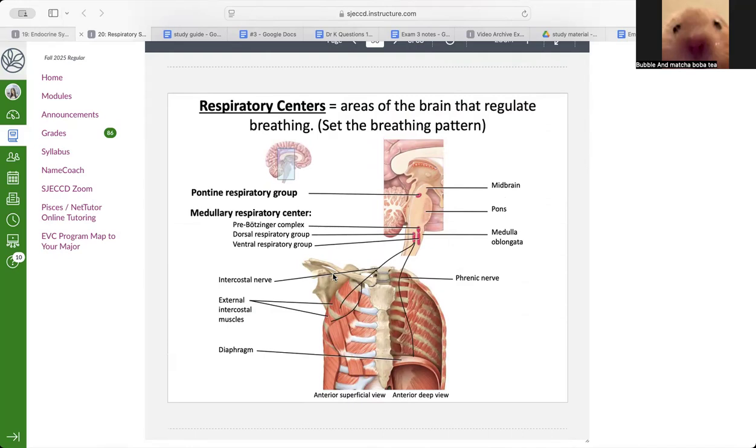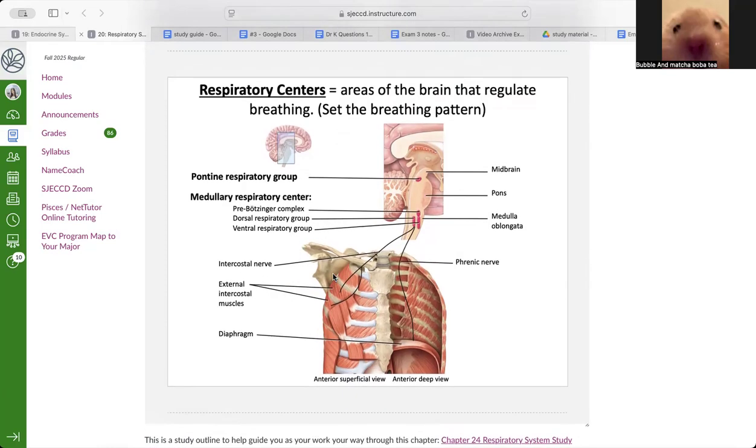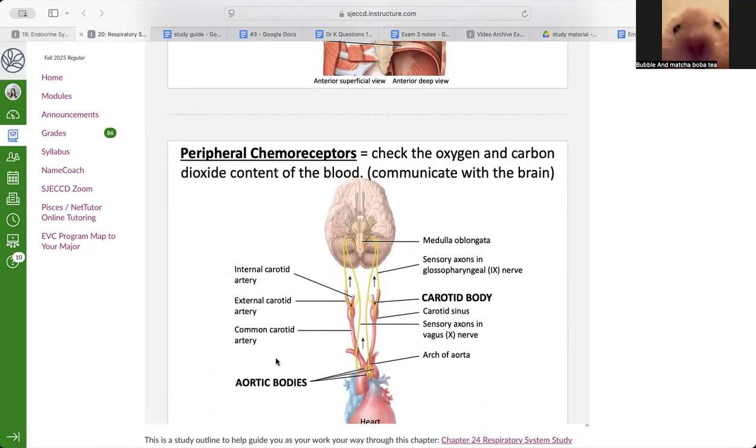The phrenic nerve goes to your diaphragm, and the intercostal goes to the external intercostal muscles. These two are important for tidal breathing. No stimulation means the two muscles will not contract, allowing passive tidal exhalation. So it's basically pons and medulla working together so you can have a breathing pattern.